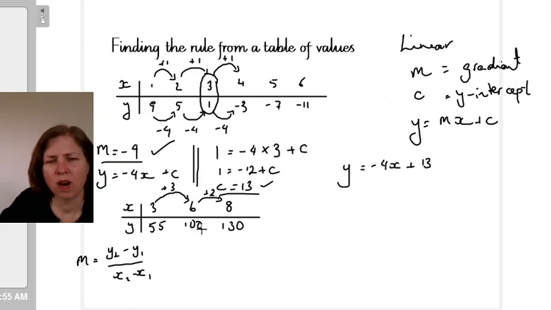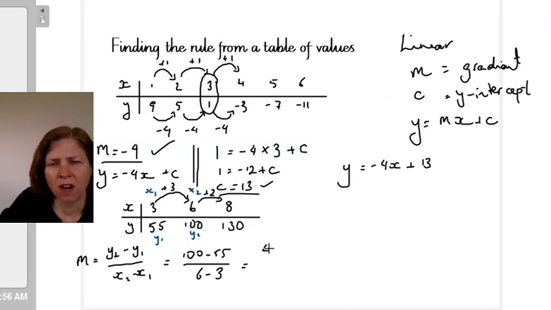Here's a value of y, and here's a value of y. So I'm going to make this be y2 and x2, and I'm going to make this one be y1 and x1. So what I'll get is this, 100 minus 55 over 6 minus 3.